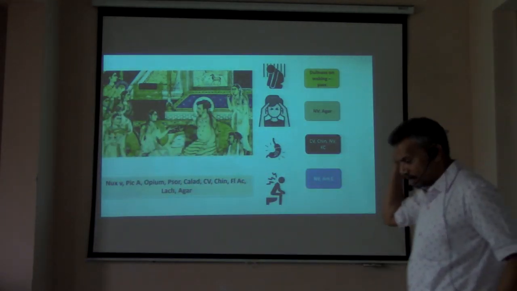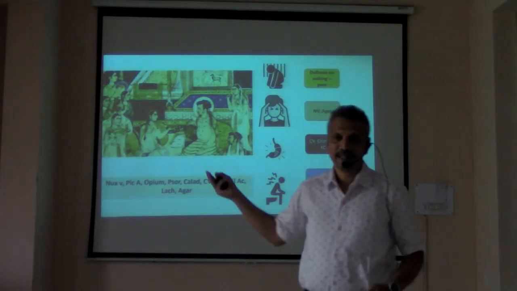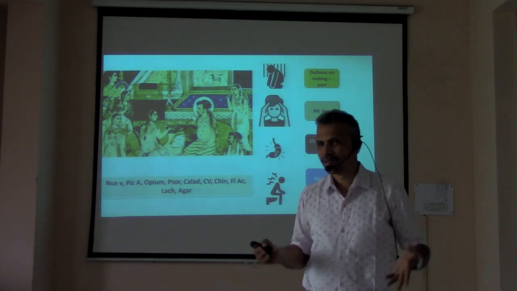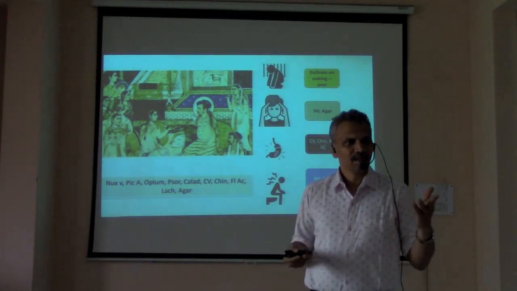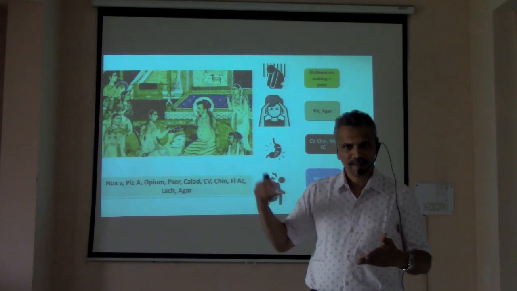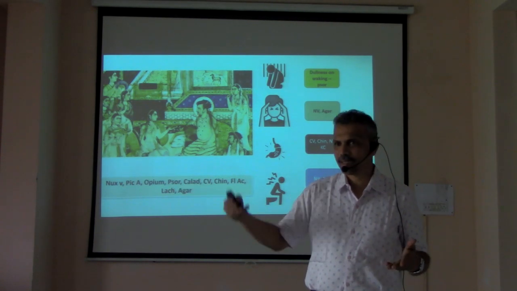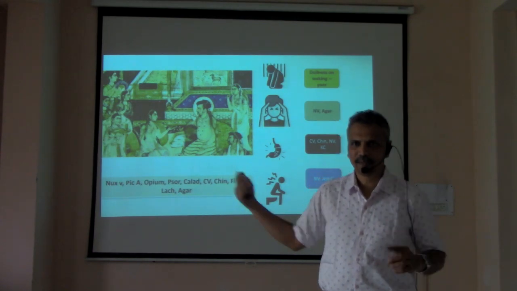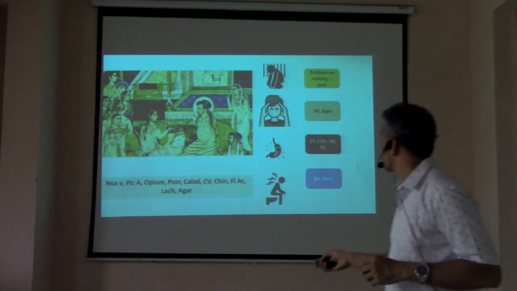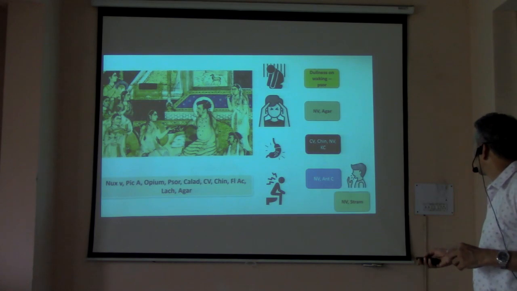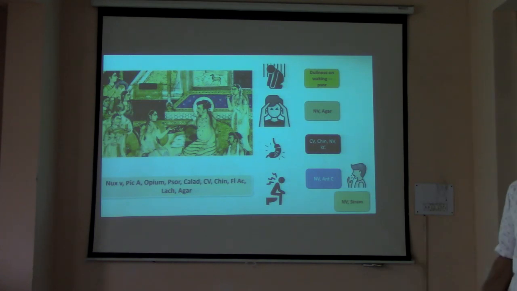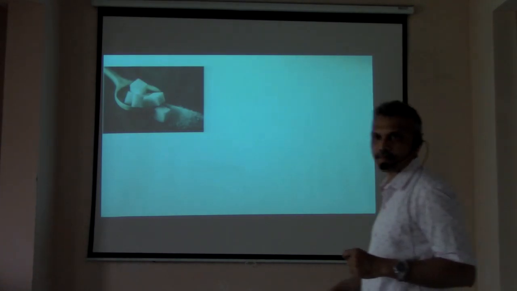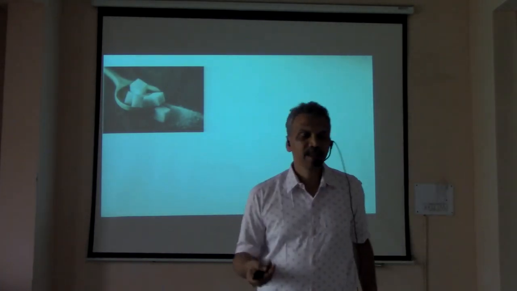See, in the present situation, they can come with a lot of alcoholism or men being womanizers and all those situations, and you can think of these remedies. Okay, yeah. Cough, it is Nux vomica and Stramonium.